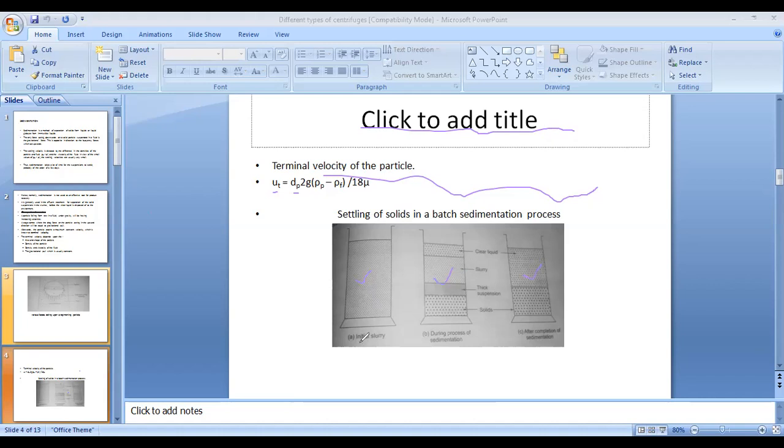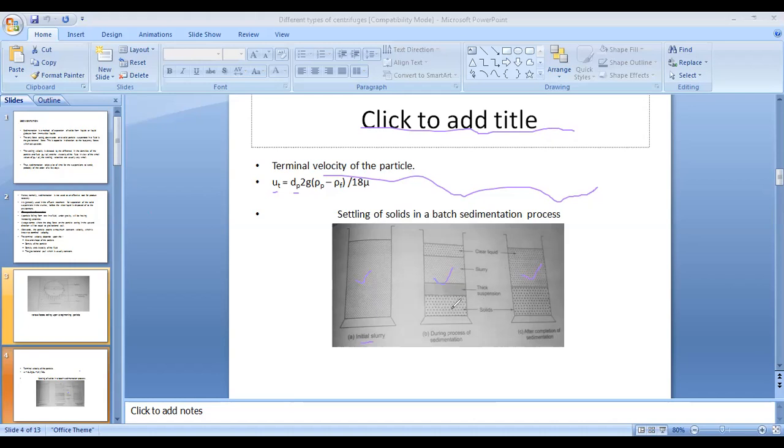During the initial stage, the solids and liquids are present together. We cannot differentiate the solid and the liquid because the terminal velocity does not occur at the initial stage. During the process, we can observe different zones.